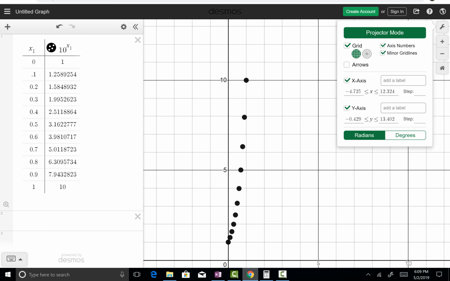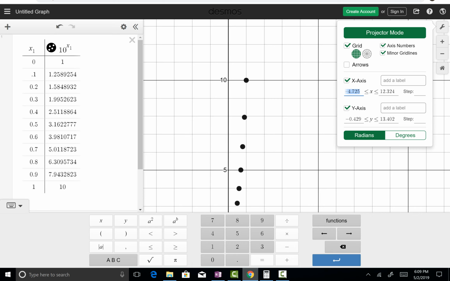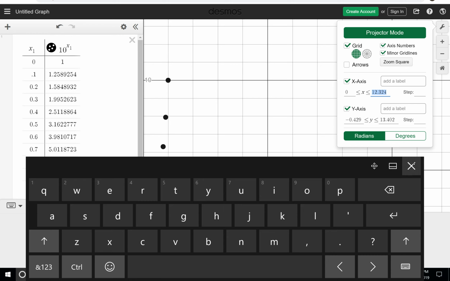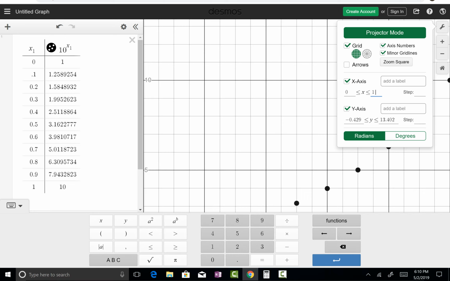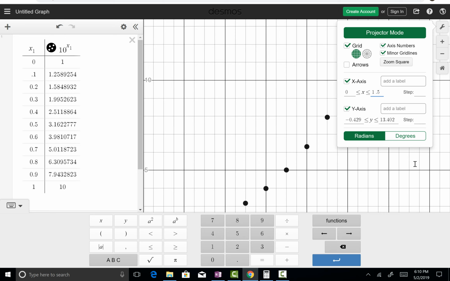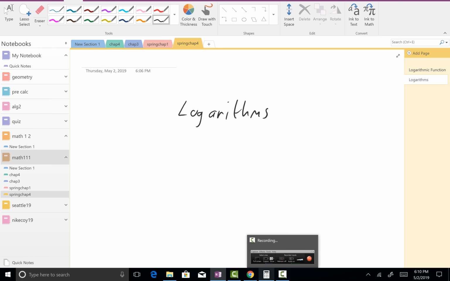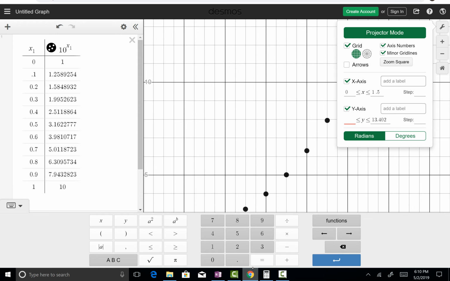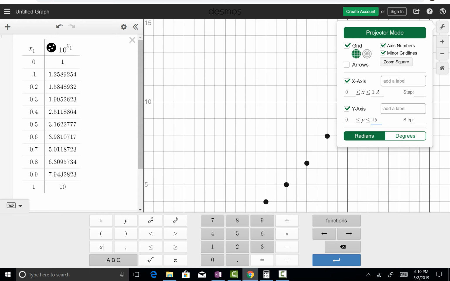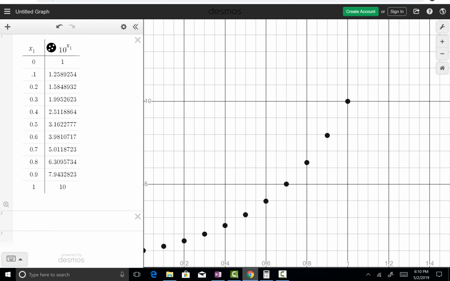I think I'll actually change the window a little bit. Basically I just went from 0 to about 1.5 on the x-axis and 0 to 15 on the y-axis, just so I could get a little bit better curve.